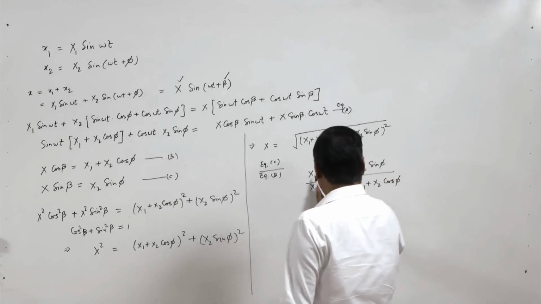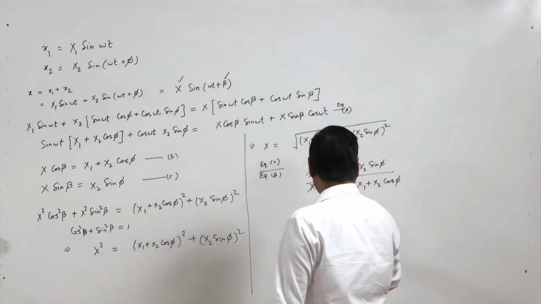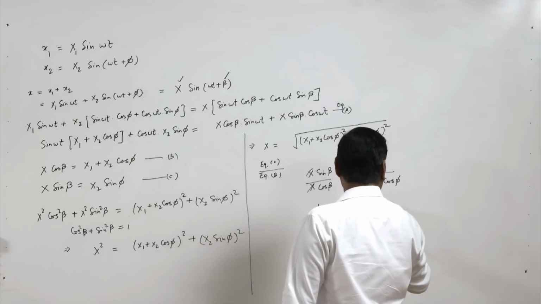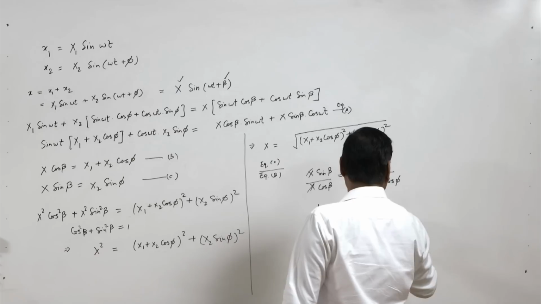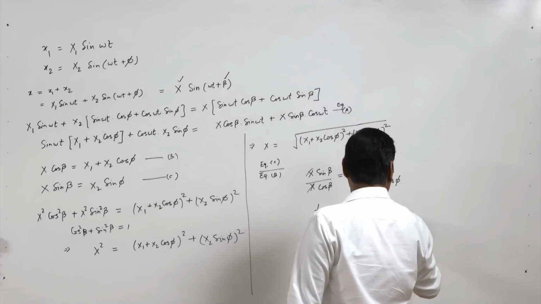So here x will be cancelled out and we will have tan beta equal to x2 sin phi upon x1 plus x2 cos phi.